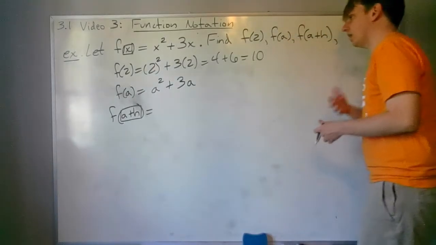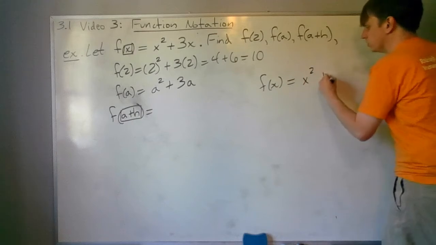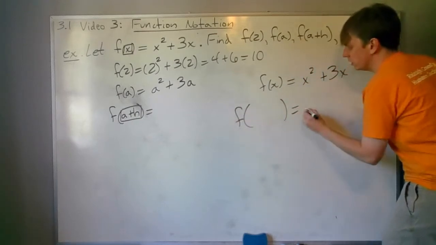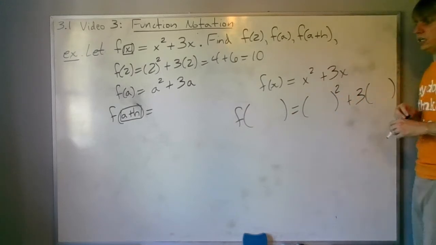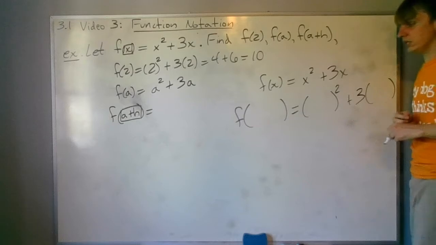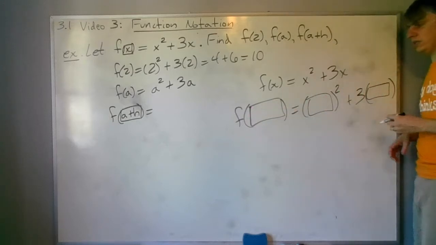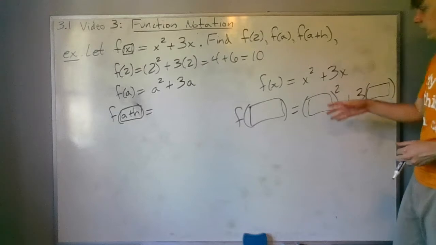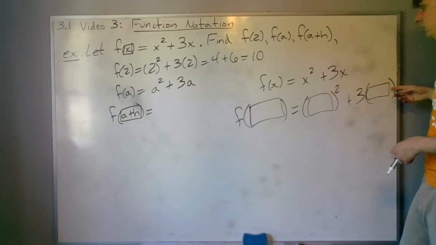So we want to think about our function f of x equals x squared plus 3x as meaning f of input equals input squared plus 3 times input. And so if we want to find f of a plus h, we need to stick that in all the places, everywhere we saw an x in the original formula. So f of a plus h is going to be (a plus h) squared plus 3(a plus h).